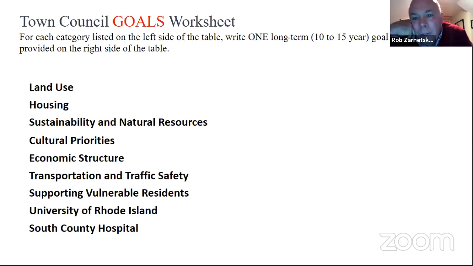I share your frustration in trying to describe it, because it's a challenge for us. Again, we're the tail of the dog from URI's perspective. This is true of academics in general. They know the world.